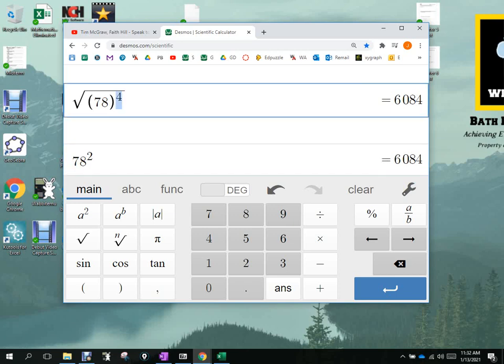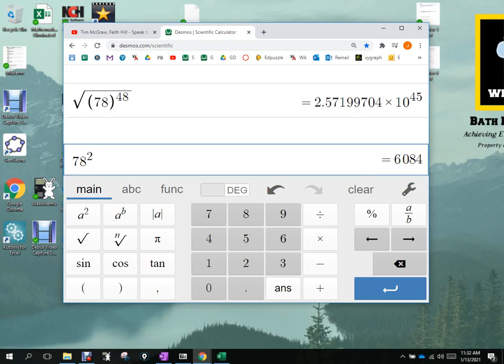So let's say we get something real crazy. Let's go 48. 78 raised to the 48th power. Taking the square root of that, what is this one going to be? 24.